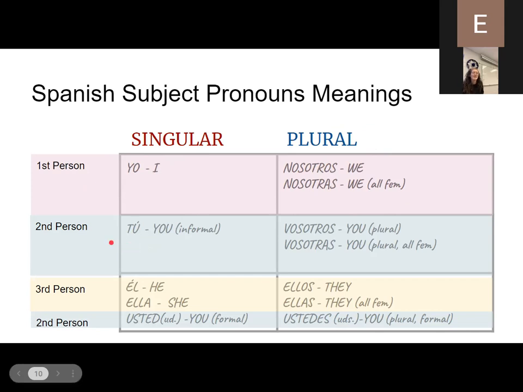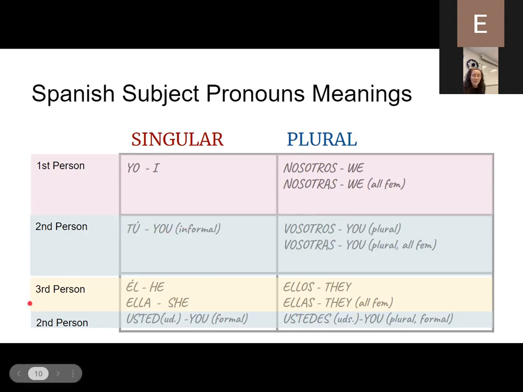Second person is a situation in which you are addressing someone directly, talking to somebody or to a group of people. So you informal is tú, and then we have vosotros and vosotras. The special thing about these is that they're only used in Spain.